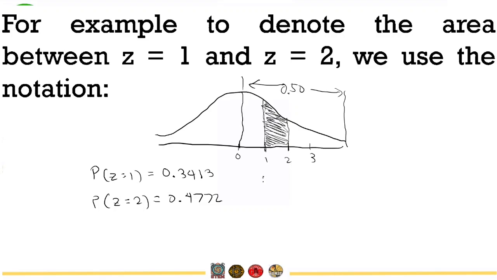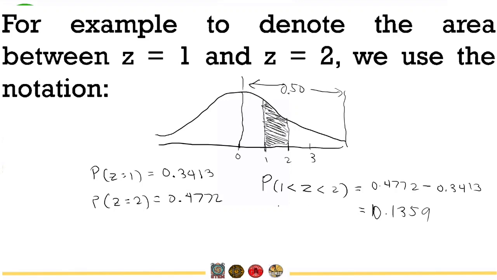Okay, so we will subtract. What is the proper notation for the area between two z values? P of 1 is less than z is less than 2. So that is the probability or the area. We will subtract the larger area minus the smaller area.